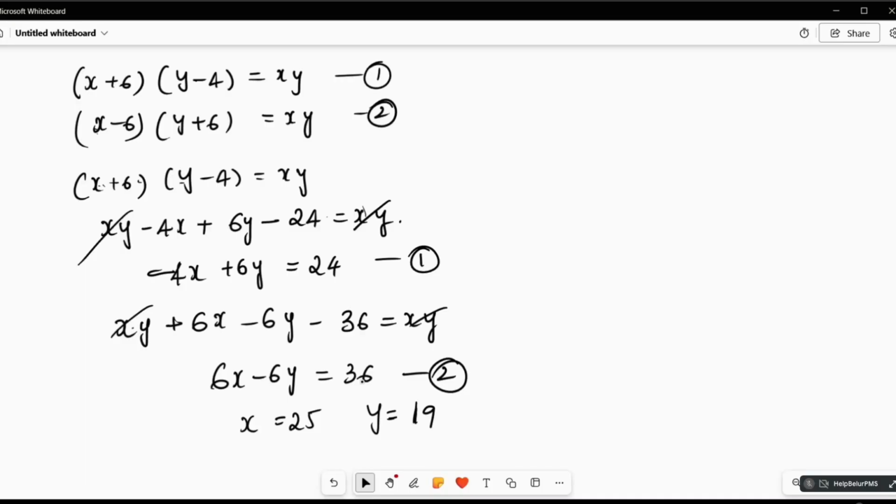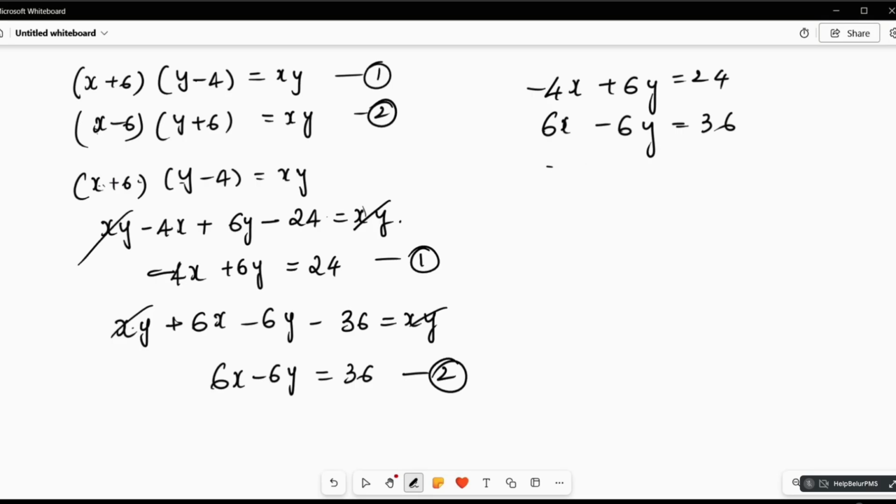Just check x and y. Minus 4x plus 6y is 24. Then 6x minus 6y is equal to 36. Add them. 2x is equal to 60, x is equal to 30.